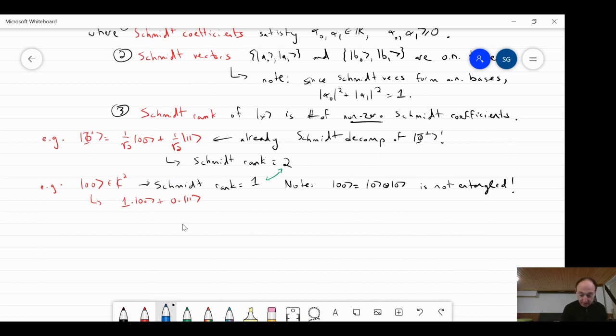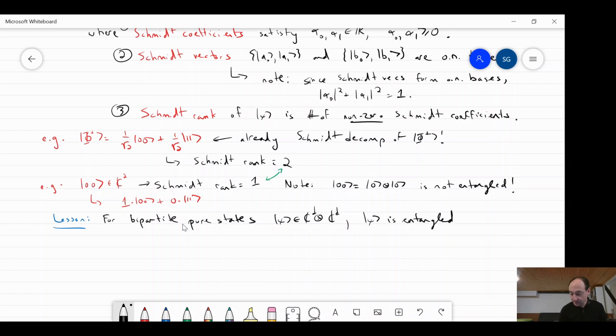So the lesson here, I haven't proved it, of course, but this is a fact that we'll just take: for bipartite pure states psi, which act in CD tensor CD more generally, psi is entangled if and only if the Schmidt rank of psi is strictly larger than 1. And this is just my notation henceforth for Schmidt rank.